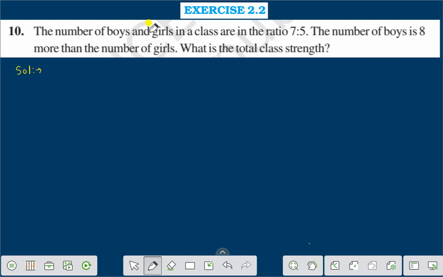Here you see the number of boys and girls in a class are in the ratio of 7:5.